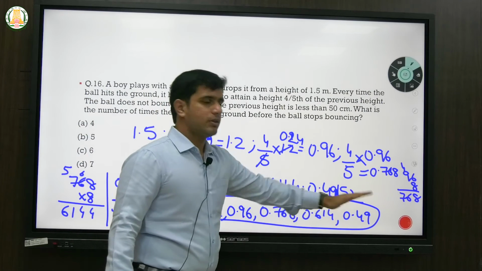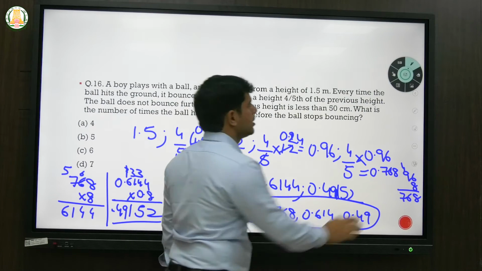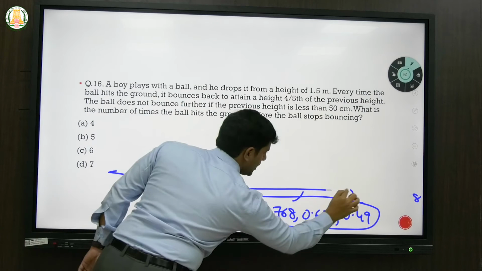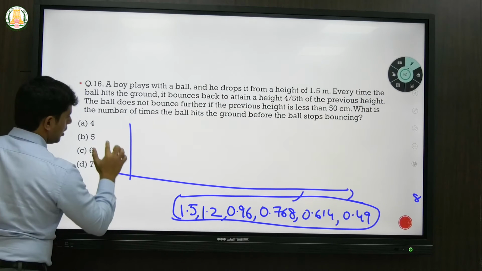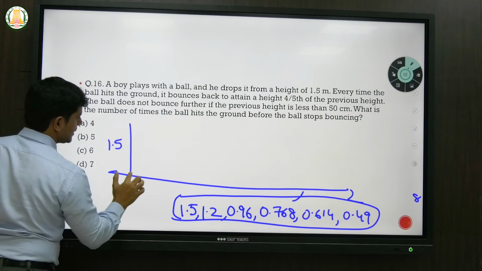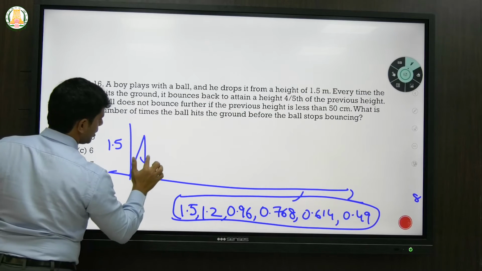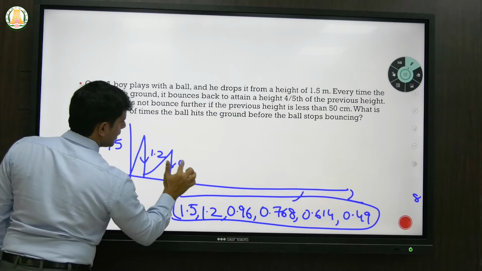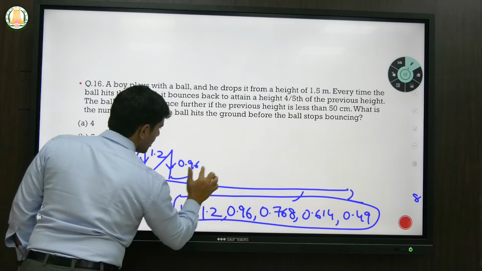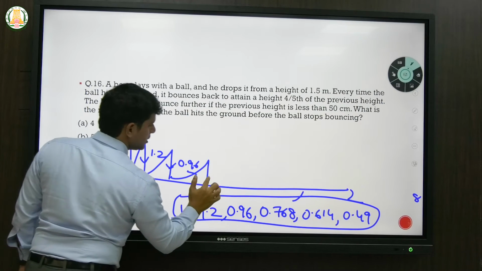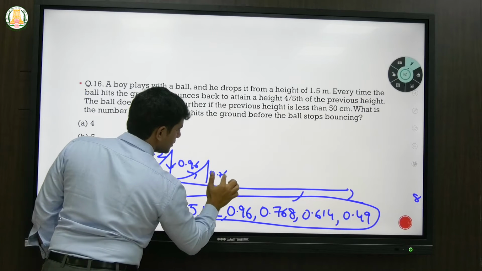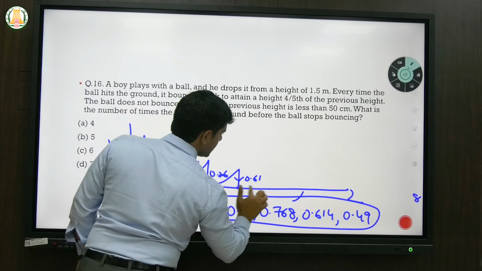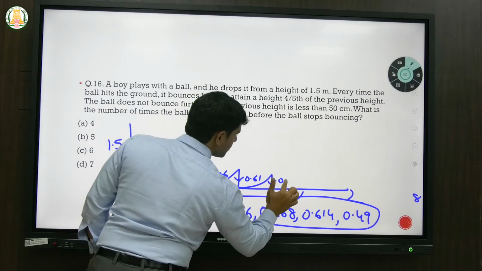So the ball keeps dribbling, the height gets reduced. If you want to have this, let's say this is the ground, the ball drops from 1.5, next it rises, again falls from 1.2, it rises, again falls from 0.96, it rises and falls from 0.76, it rises and falls from 0.61, it rises and falls from 0.49, okay?